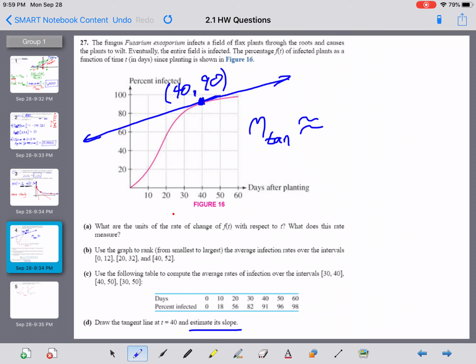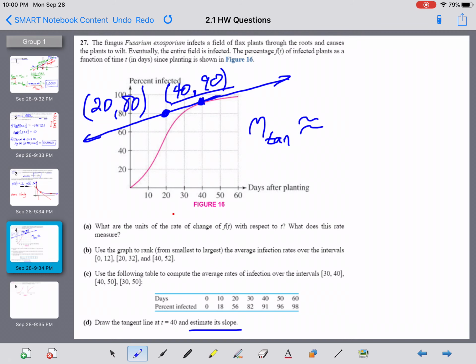The other thing now, and they usually are pretty good about making this work out for you, you've got to find another clean point that's located on that blue tangent line. And when I say clean point, I don't mean this, because that one I'm just totally guessing what the coordinates are. But I do see one point that looks pretty clean right about there, guys. And that ordered pair there looks like it's (20, 80).